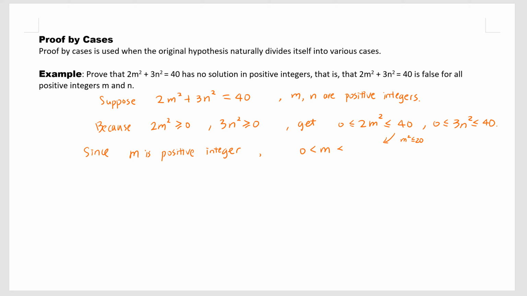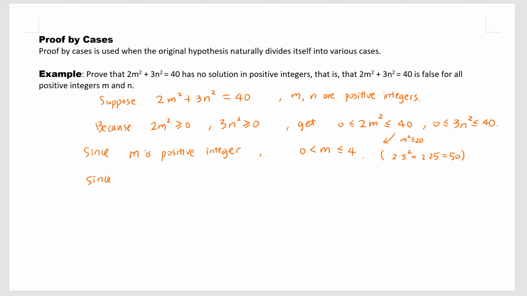Think about 4: 4 squared is 16, and 5 squared is 25, but 25 is not less than or equal to 20. So m is at most 4. So far so good, everybody, because 2 times 5 squared is 2 times 25, which is 50, bigger than 40, so we cannot take 5.